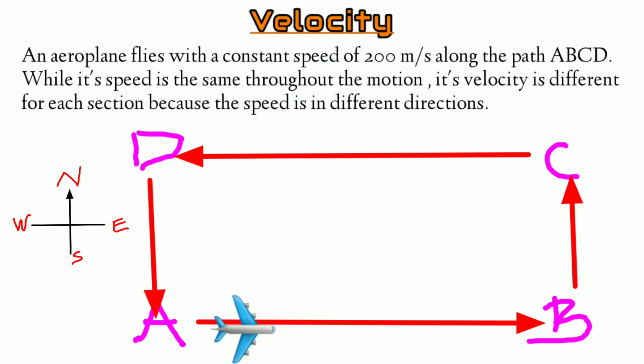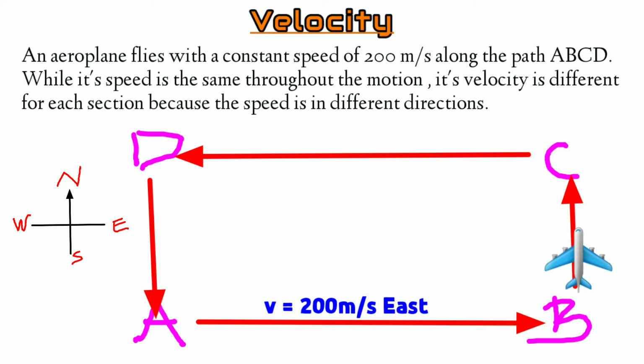An aeroplane flies with a constant speed of 200 meters per second along the path ABCD. While its speed is the same throughout the motion, its velocity is different for each section because the speed is in different directions. From A to B, its velocity is 200 meters per second east.